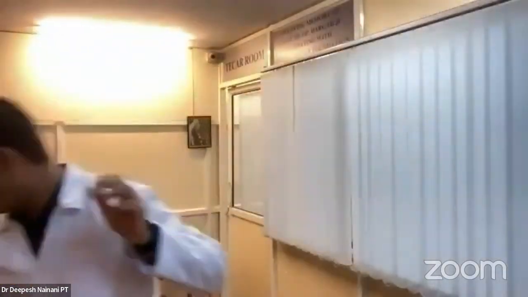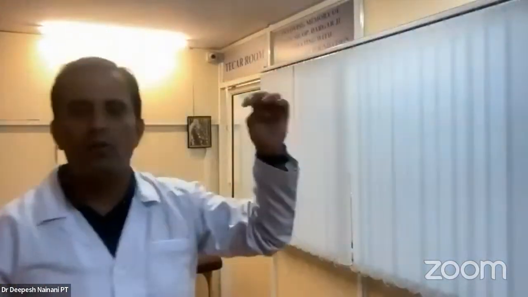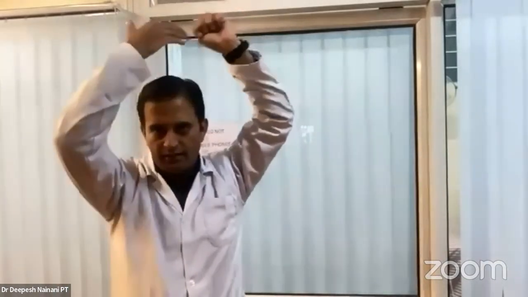So I'm doing this without weight. 1, 2, 3, 4, 5, 6, 7, 8, 9, and 10. Ten is the center of the head area. That was the area of the 10.